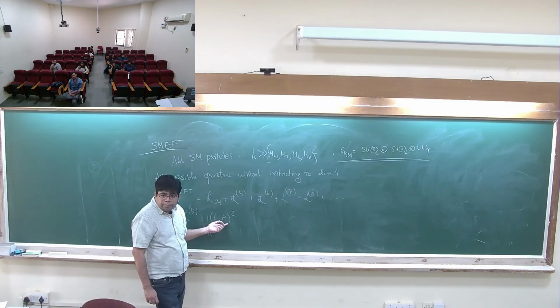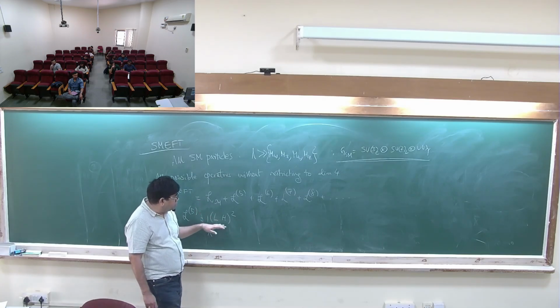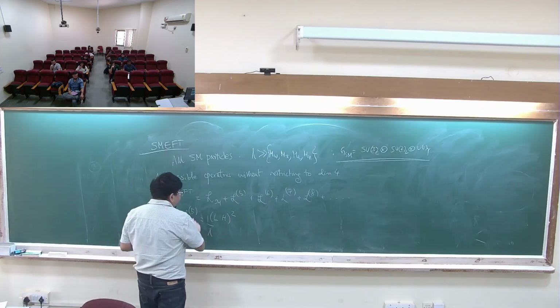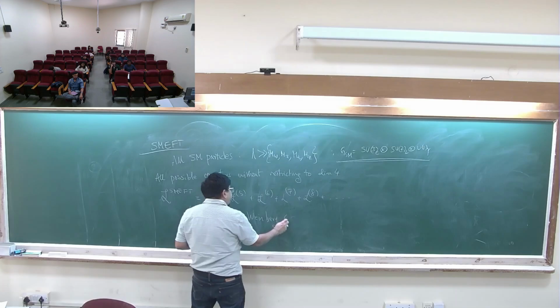So you can combine both of them to form a singlet or a triplet. If you want to make a scalar, you can make them in terms of two singlets, because you need two fermions, two scalars. So you do this and you get this operator. This is called the dimension 5 operator, also called the Weinberg operator.